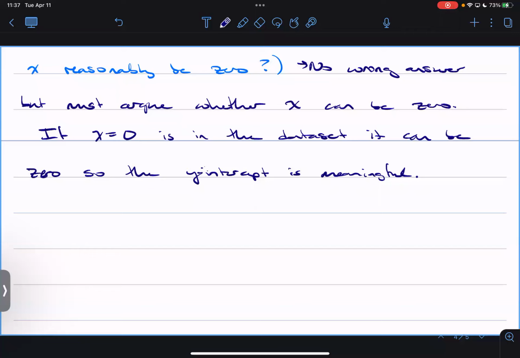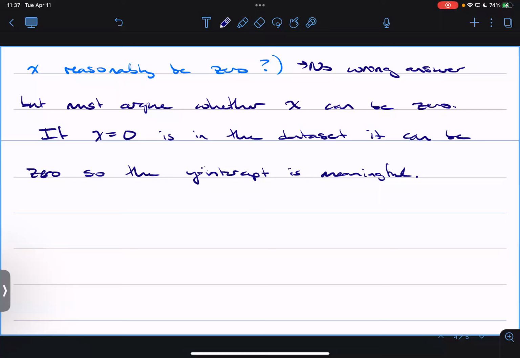Or no, because a home with 0 square feet doesn't exist, so it's not worth anything. It just depends on how you're feeling that day, I guess. But you have to argue if x can be 0 or not. There's no wrong answer. It's just your argument has to come from x equals 0.